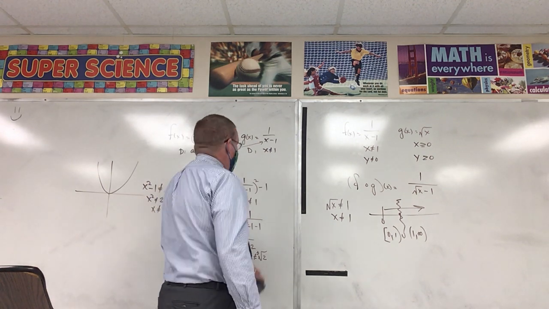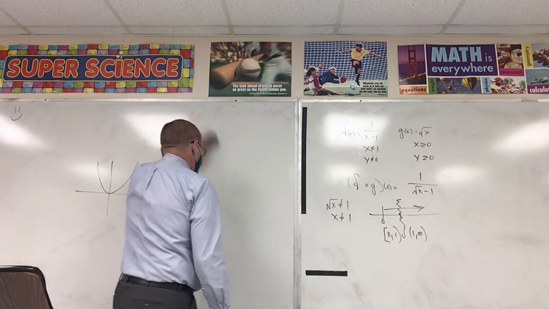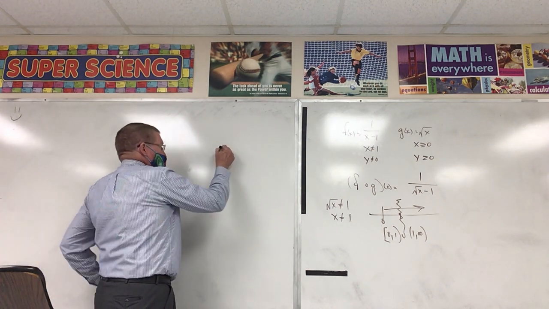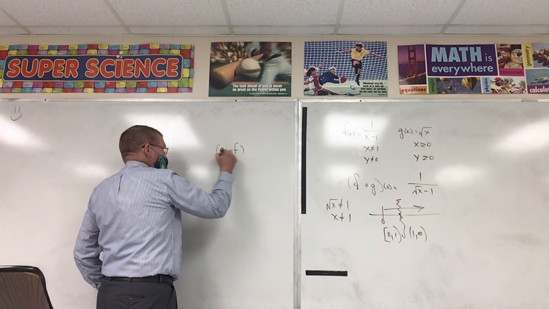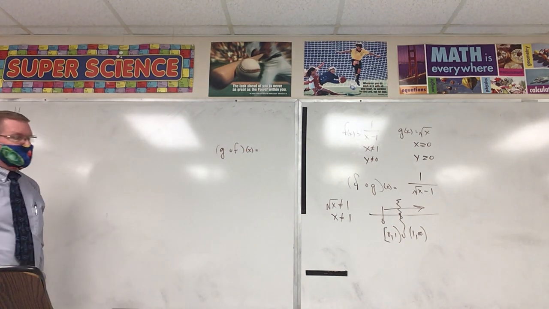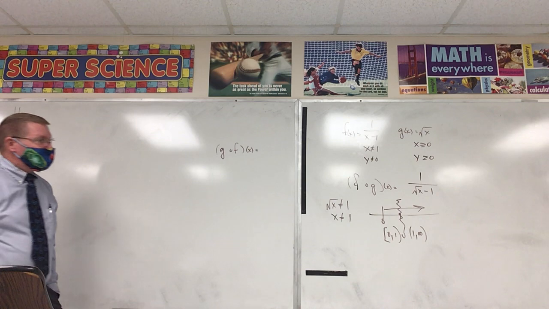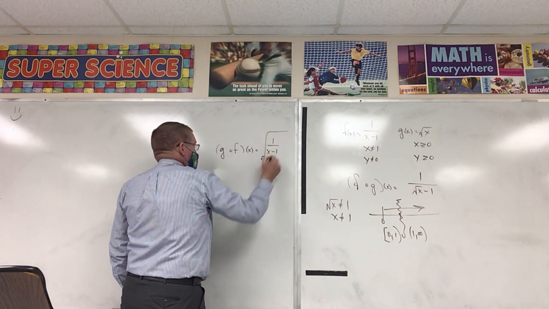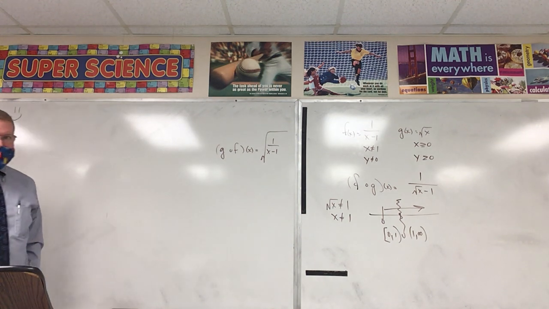We go in the other direction. g circle f of x. Gonna do what? f in g. The square root of 1 over x minus 1.